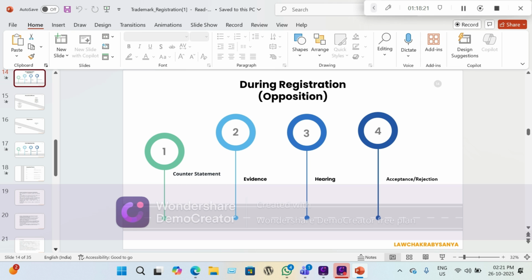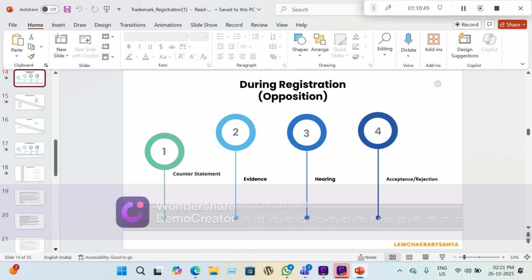After the filing of the counter statement, the opponent will have to file an evidence affidavit in support of their opposition. So they'll have to file supporting documents, and a detailed affidavit has to be filed by the opponent under oath. Once that evidence is given, the applicant will have to give evidence in support of the application. Once the evidence stage is closed, an opposition hearing takes place.